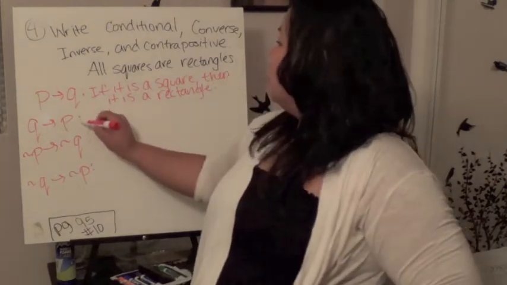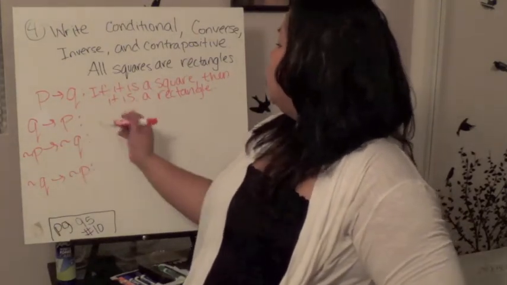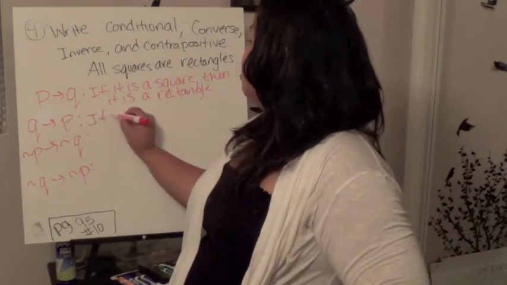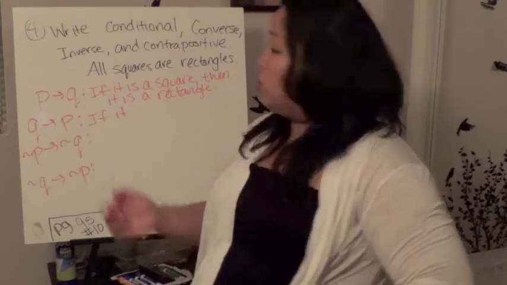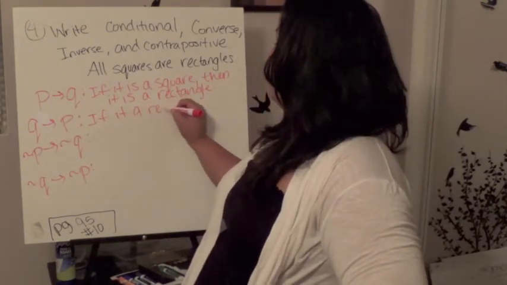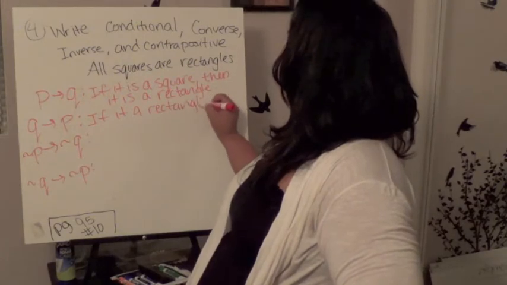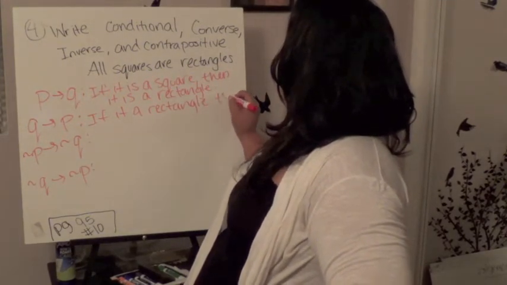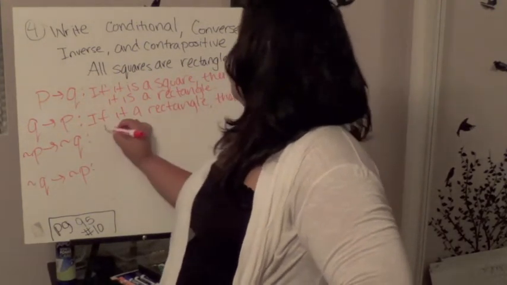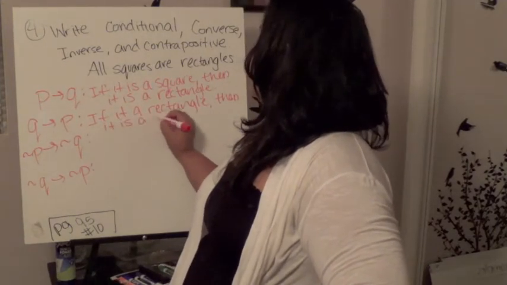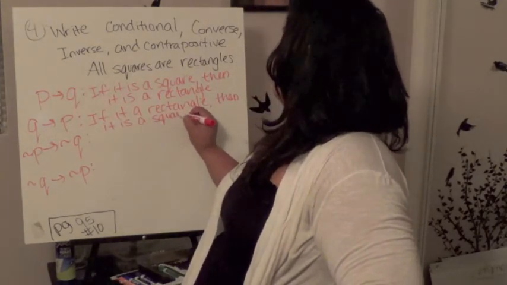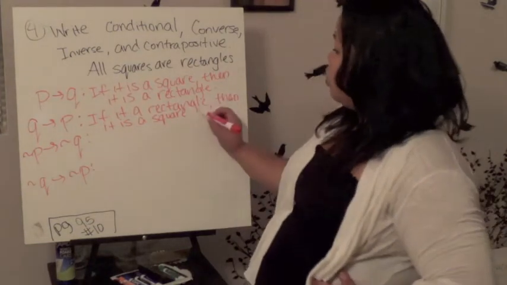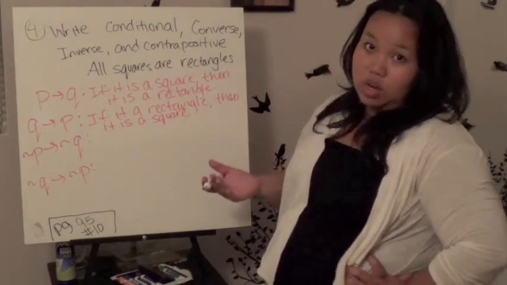Our next one is to switch it. So if it is, and remember, they don't have to be true, if it is a rectangle, then it is a square. This is not true, because all squares are rectangles, but all rectangles are not squares.